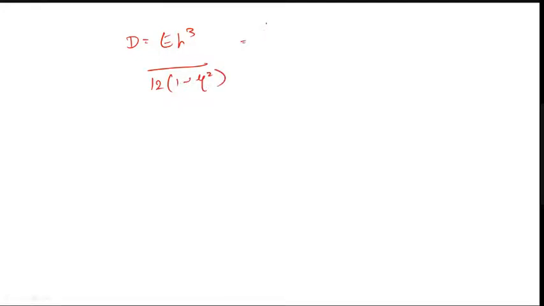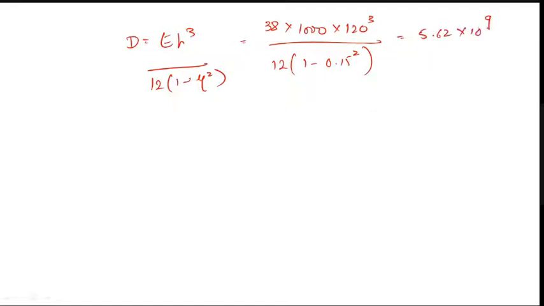The E value is given in the question, that is 38 into 1000, into 120 cube, divided by 12 into 1 minus 0.15 square. On simplification you will get 5.62 into 10 power 9.